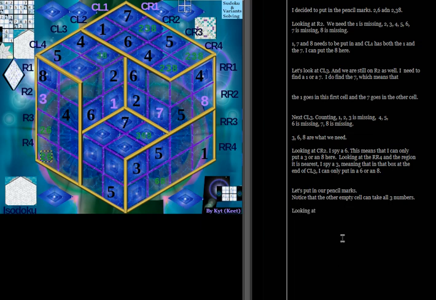Looking at our right row 1 and 2, that region specifically, I see we are missing the 1 and the 3.